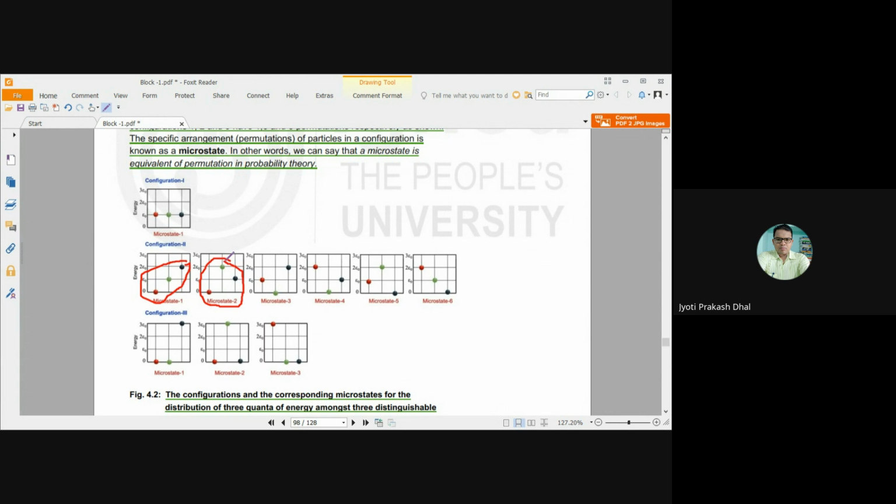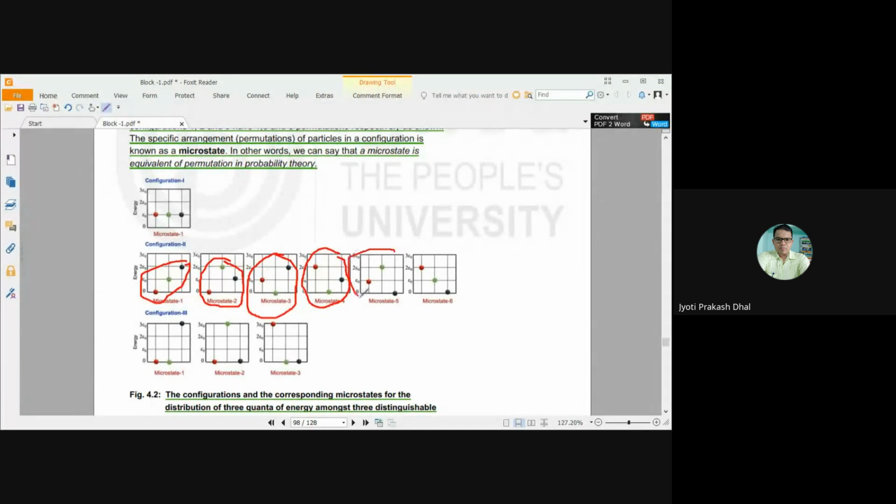In the third microstate, the red color will be present in epsilon 0 energy level, the green in 0 energy level, and the blue in 2 epsilon 0 energy level. And in the fourth microstate, the red will be present in 2 epsilon 0 energy level, the green in 0 energy level, and the blue in epsilon 0 energy level.